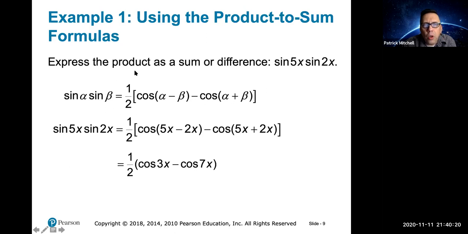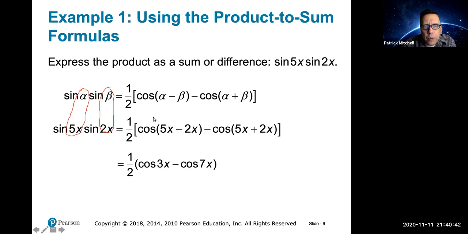So playing the role of alpha in this problem is 5x, and playing the role of beta in this problem is 2x. So replace alpha with 5x, replace beta with 2x.